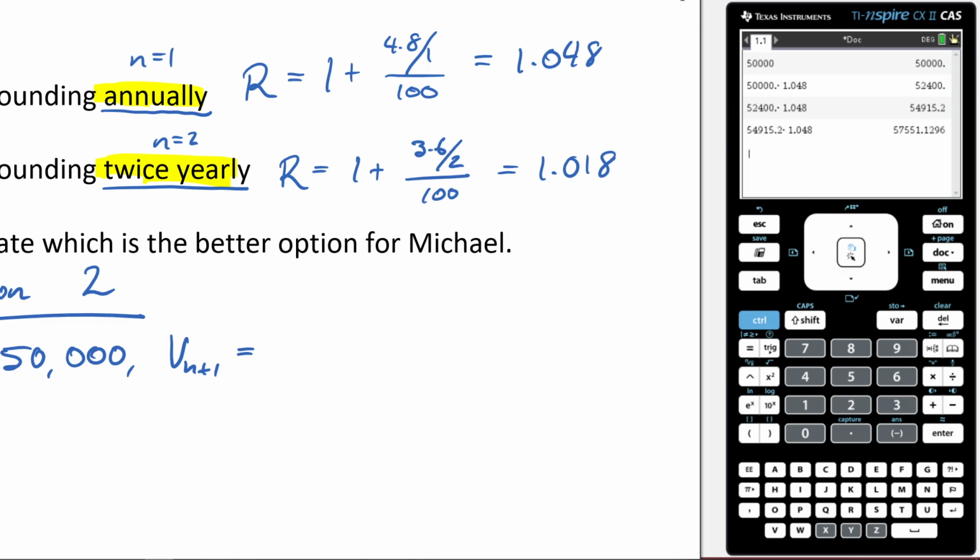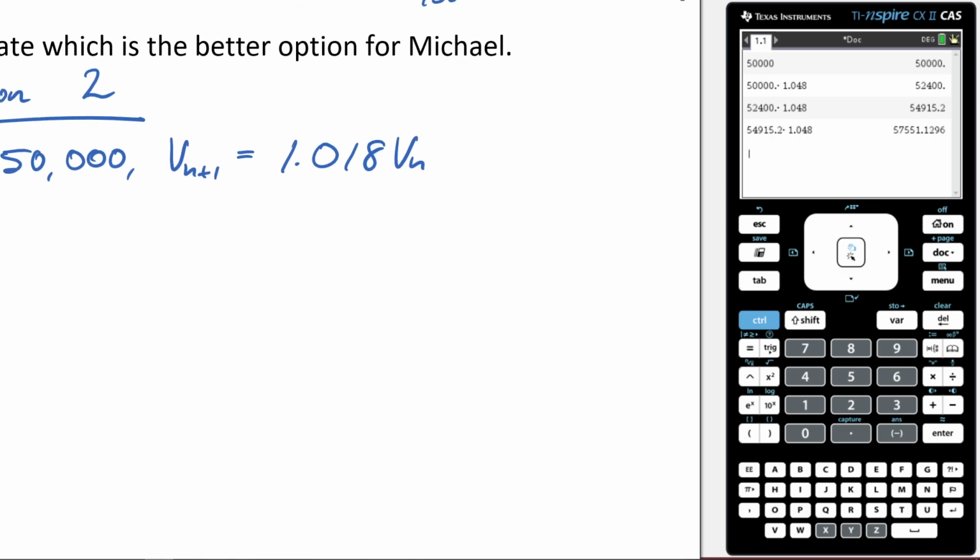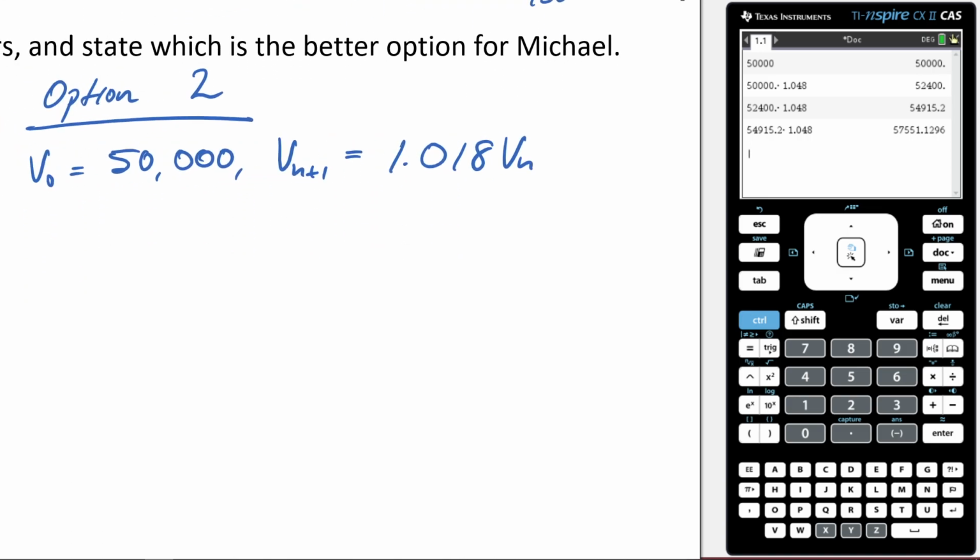It was 1.018. 1.018. And V of n. Now, this is where it becomes important, people. Pay attention, have your brains switched on. We again need to figure out what the end of 3 years is going to be. But remember, this one is compounding twice a year.